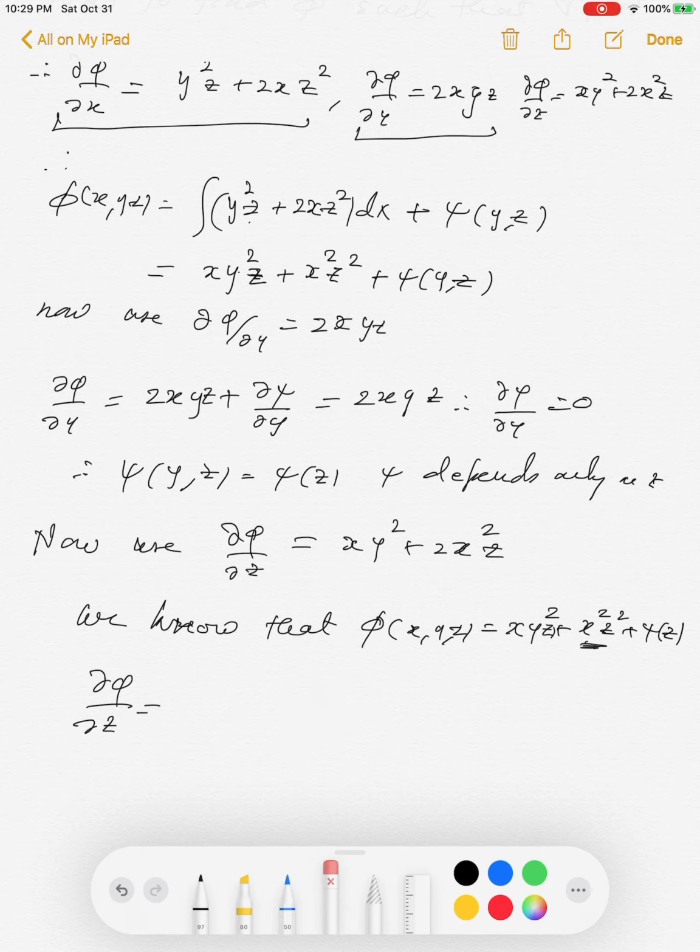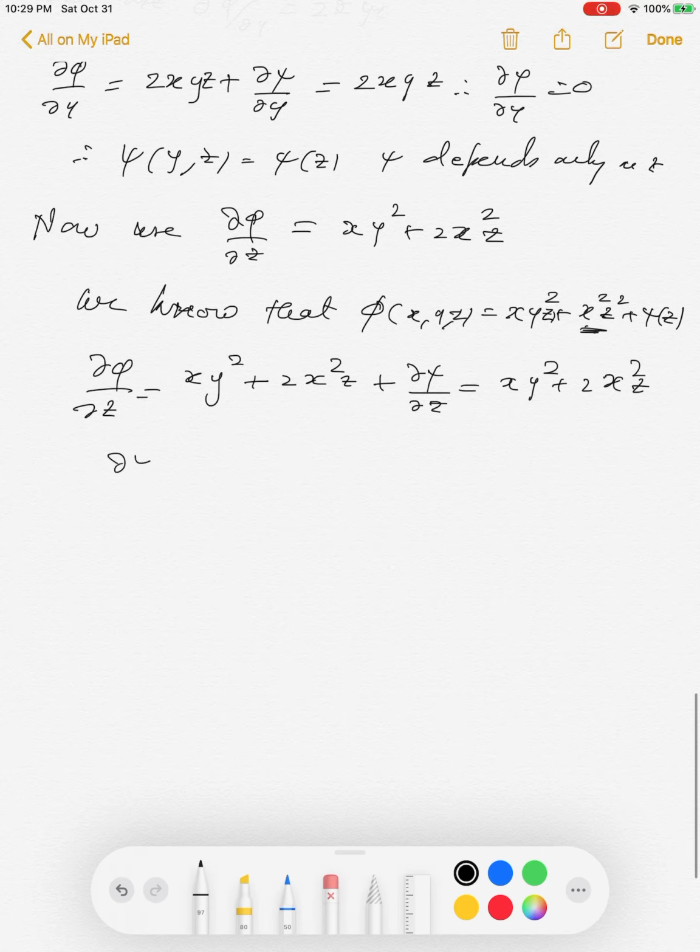There is a z here, so I get d phi dz equal to xy square plus 2x square z plus d psi dz, and that's equal to xy square plus 2x square z.